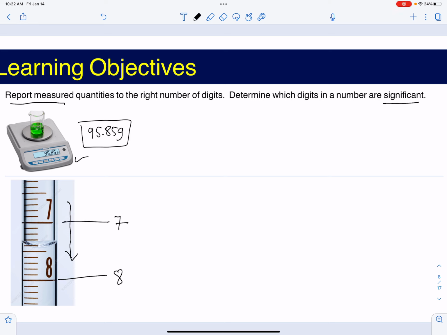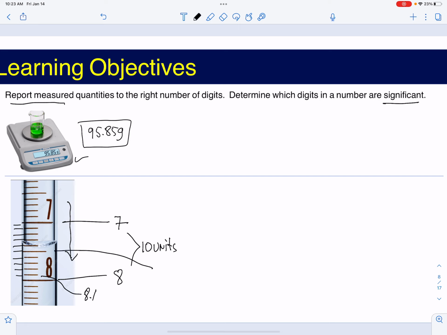And then we have 1, 2, 3, 4, 5, 6, 7, 8, 9, and 10. And we have 10 units in between. So that tells me that this first line is going to be 8.1.